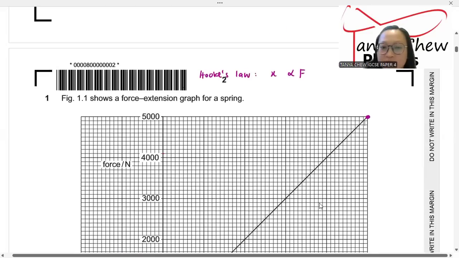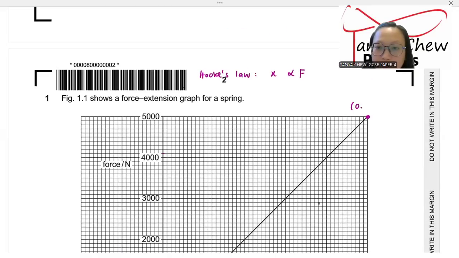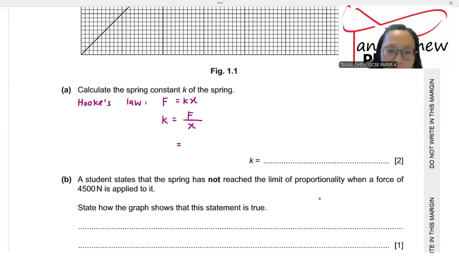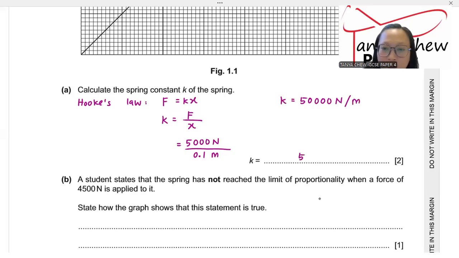Now, the extension is 0.1 and the force is 5,000. So I'm just going to use the 5,000 N force over the extension, which is 0.1 m. So I end up getting k equal to 50,000 N/m.